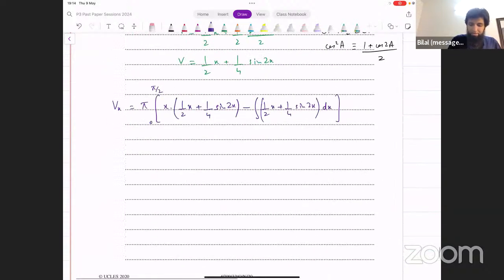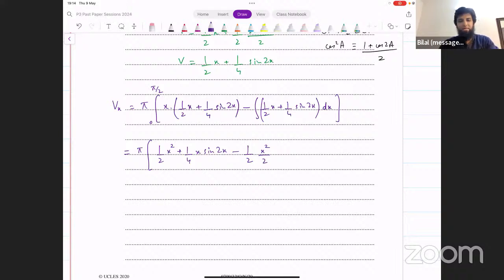Now let's simplify this further. This gives us pi into 1 over 2x squared plus 1 over 4x into sine of 2x, minus the integration of half x. Half remains as it is.